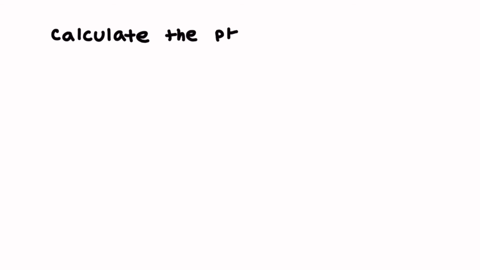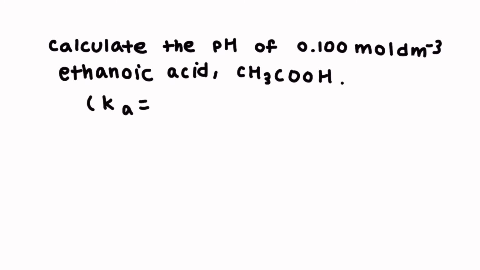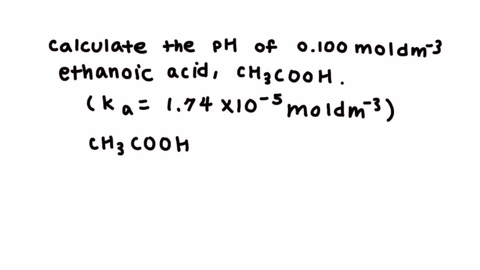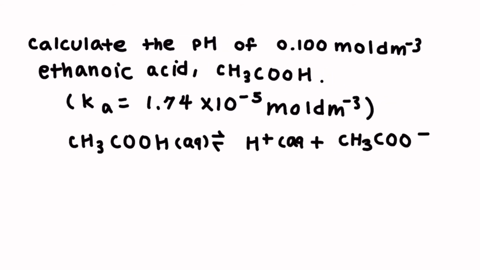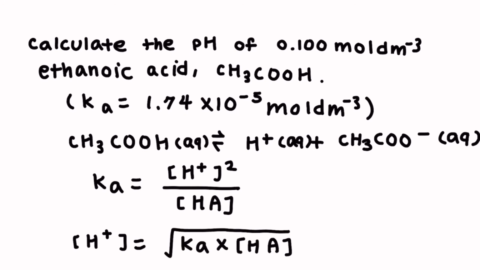Calculate the pH of 0.1 mole per cubic decimeter ethanoic acid. In this question, Ka is already given. First, write down the general equation involving dissociation of ethanoic acid, and then write down the acid dissociation constant. From this expression, you can calculate the hydrogen ion concentration.